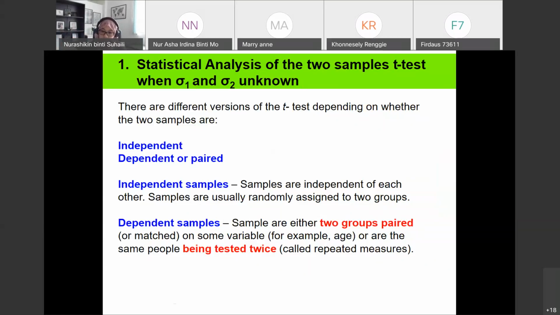So that's what is meant by repeated measures. It can be not only a drug, it can be certain things like perhaps food or whatsoever method. What I gave just now is just an example. So in that case, the samples are dependent, or they are matched, they are paired.